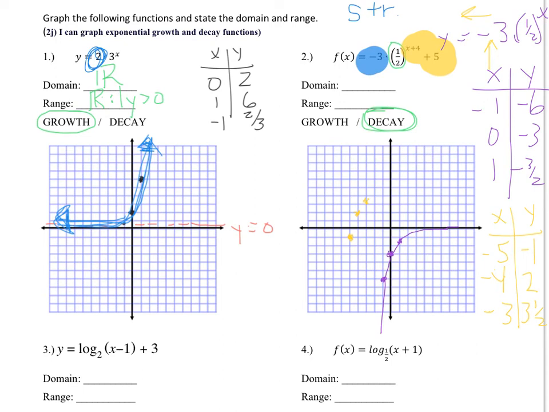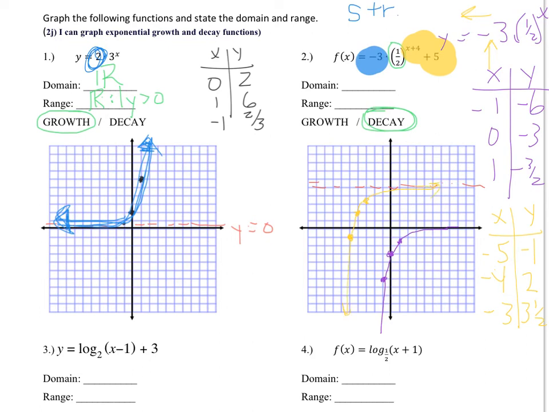Another point to notice, the horizontal asymptote has shifted up to 5. 1, 2, 3, 4, 5. So my horizontal asymptote will be penciled in here. And then to draw a smooth curve to the best of my ability through.